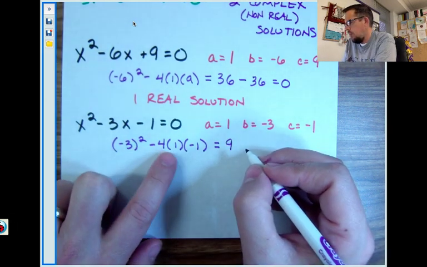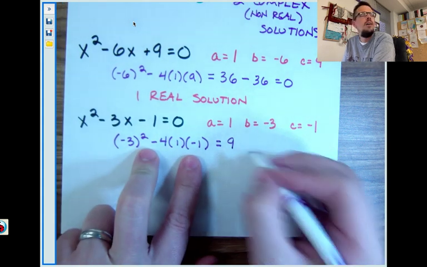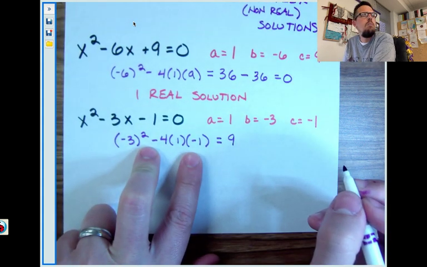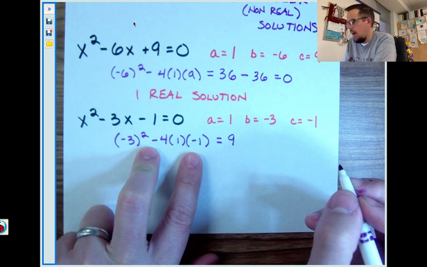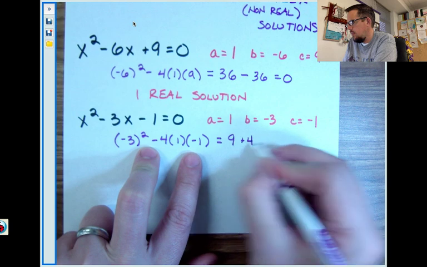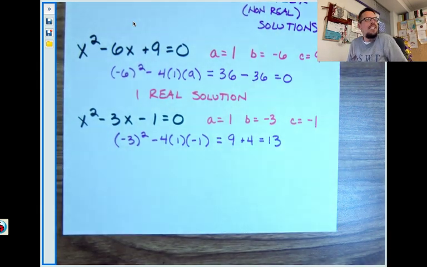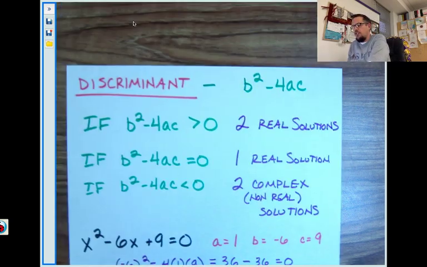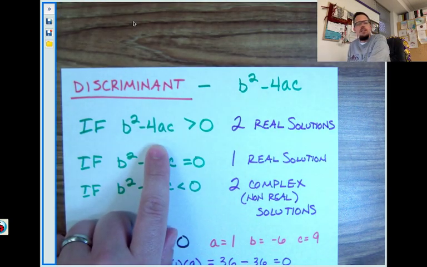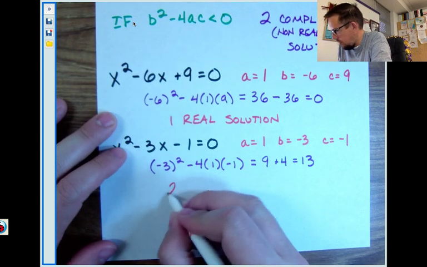Minus 4 times 1 times negative 1. Positive 4. That's 13. So the discriminant here is a positive number. Positive 13. If the discriminant is positive, 2 real solutions.